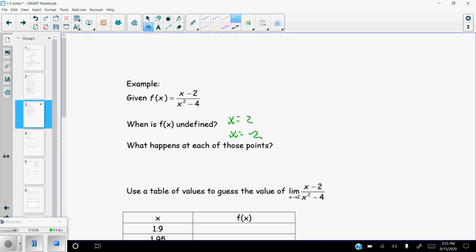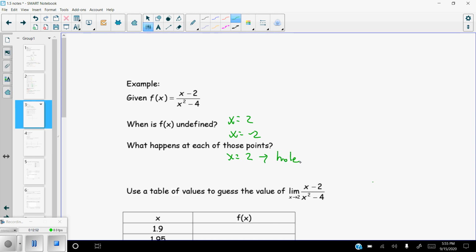When we talk about x equals 2, if you look at the function at x equals 2, if you plug 2 in, you get 0 in the denominator, but you also get 0 in the numerator. And hopefully you remember from pre-calculus that whenever you get 0 over 0, that creates a hole in the graph.